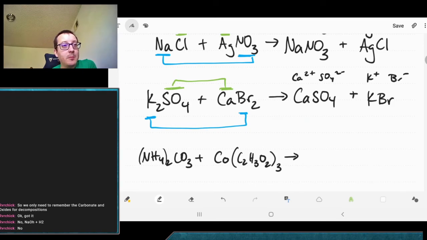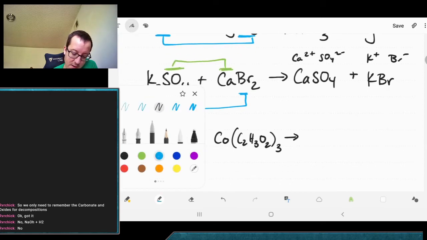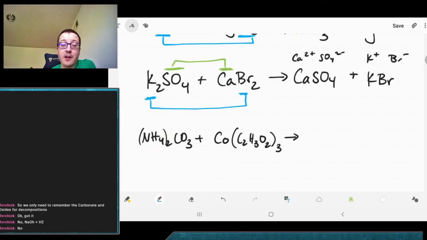All right. Ammonium carbonate and cobalt-3 acetate. A little bit more complex, just making things more polyatomic ions. But look, still two ionic compounds. All we're going to do is swap the partners.